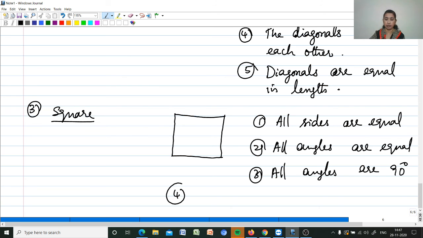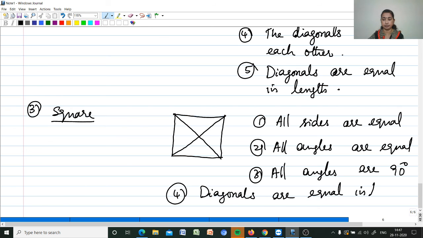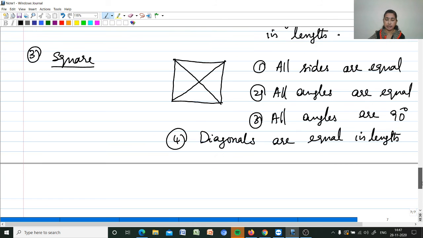Then what other properties are there for a square? Diagonals. Diagonals are equal in length. Then, how do they intersect?